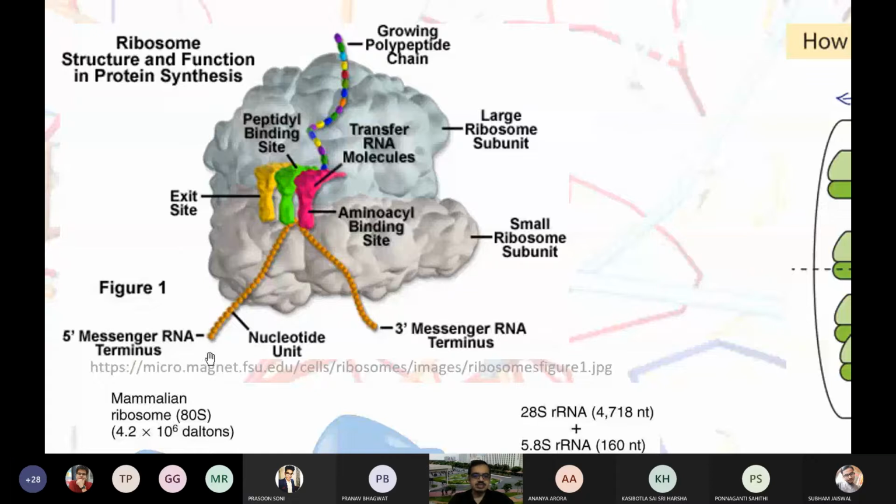Now we have to minus one triplet code, that is the stop codon, in which there is a stop signal in the RNA. The translation doesn't wait until the full length of the messenger RNA. Actually, there are three codons for which there is no tRNA to complement with. So these codons are called stop codons.